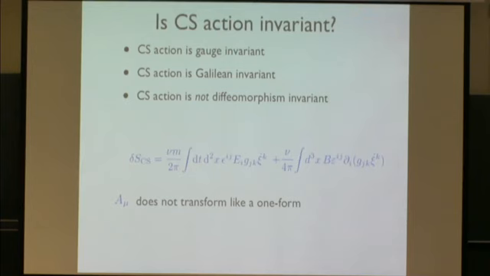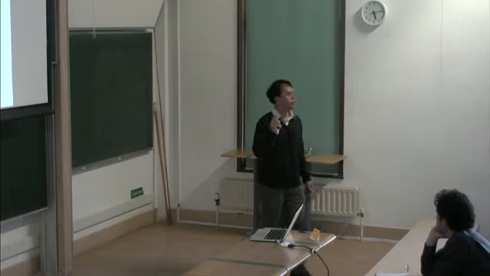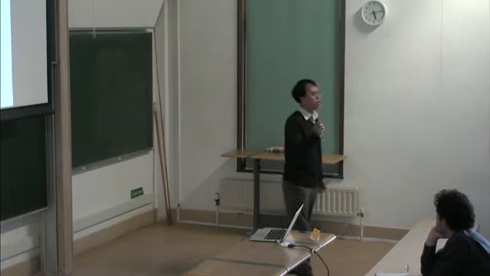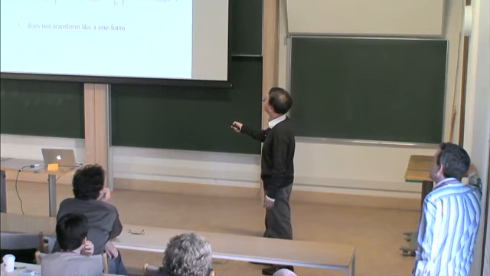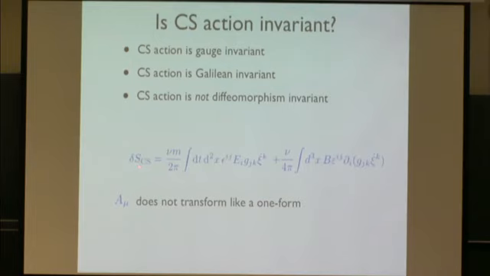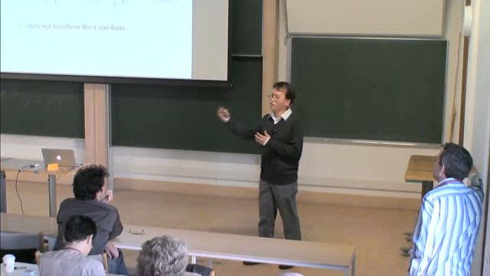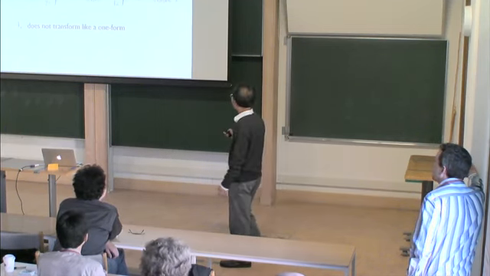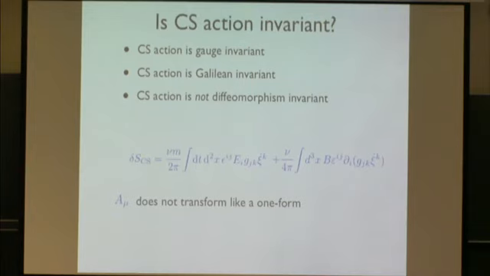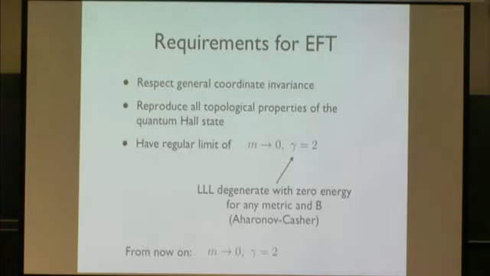So that means we need to find additional terms in the effective action that would compensate for the non-zero variation of the Chern-Simons action. In other words, we have the chance to figure out universal physics beyond the Chern-Simons action from this symmetry. In order to do that, let us formulate the requirements for the effective theory.